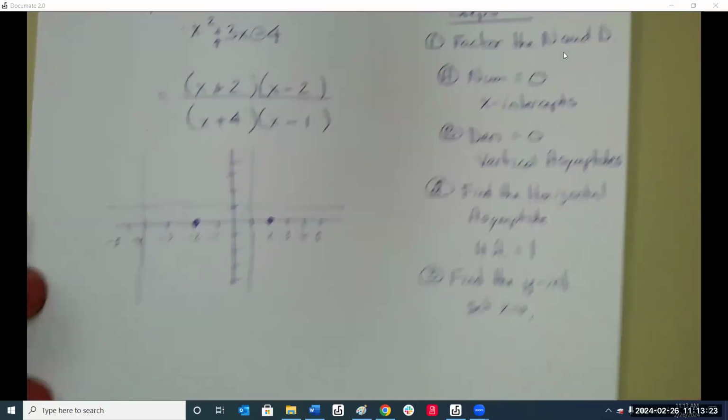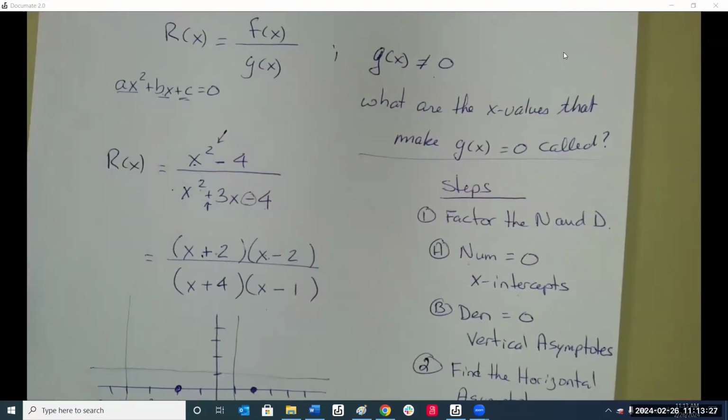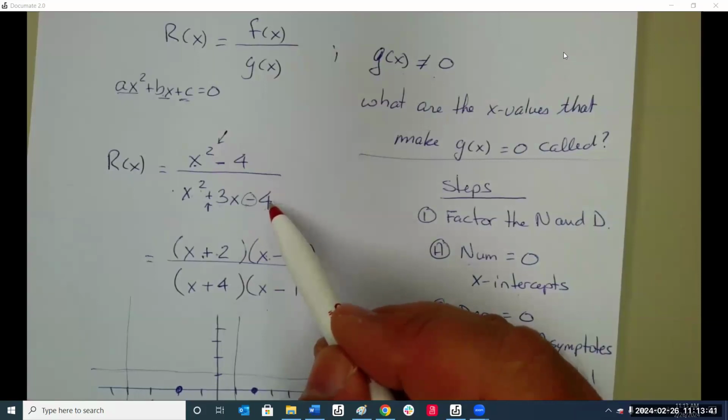Set x equal to 0. So if we set x equal to 0, what do we get? Negative 4 over negative 4 is positive 1.